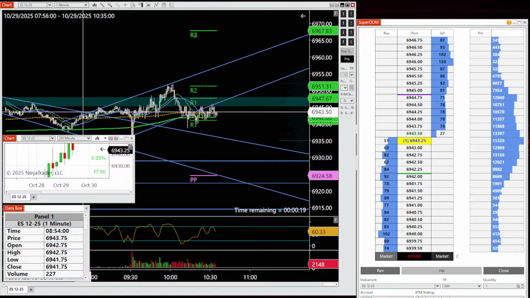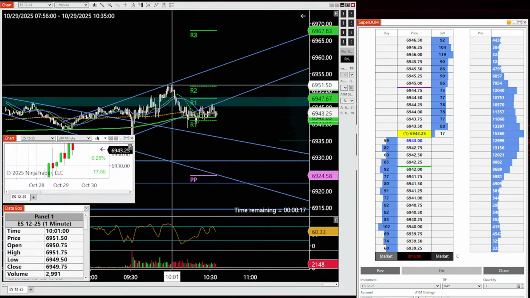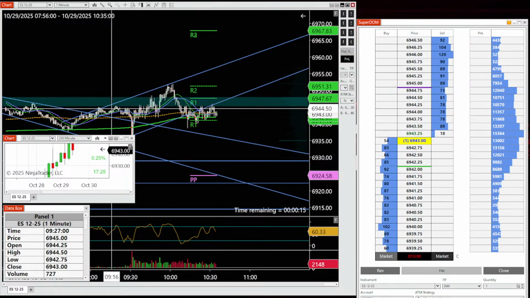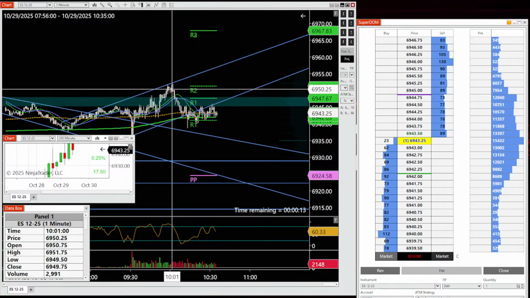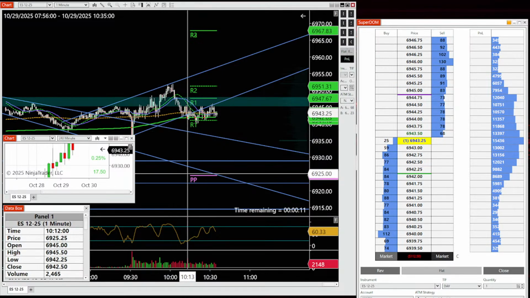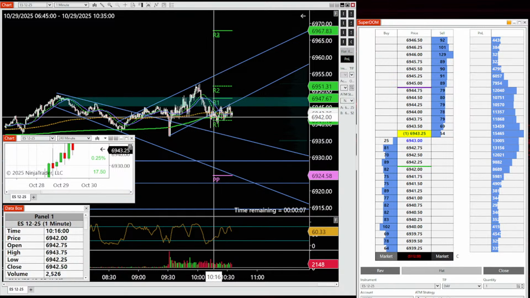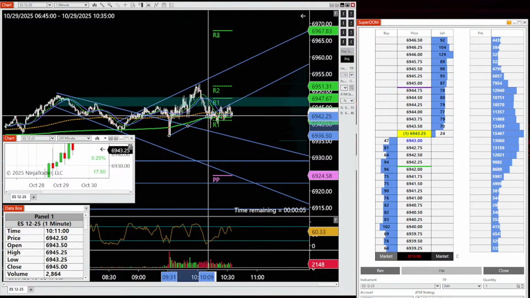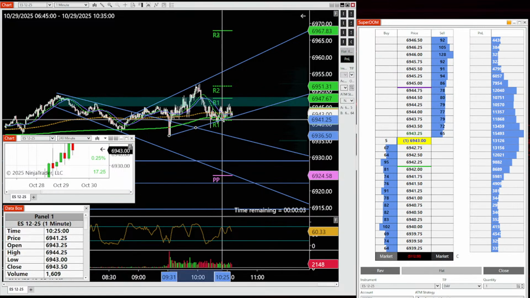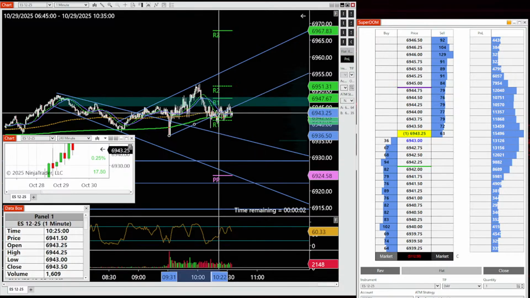Because we held here, here, here. So we're holding this trend line, not really holding above this one. If we do here, it'll be a little off, a little wider. So I'll keep it.